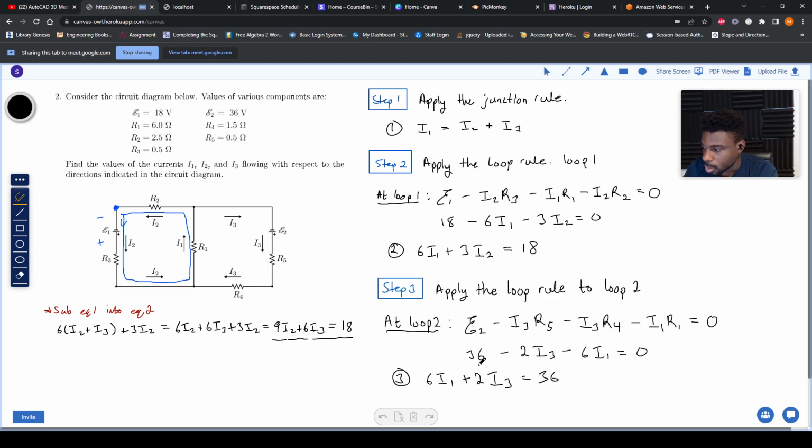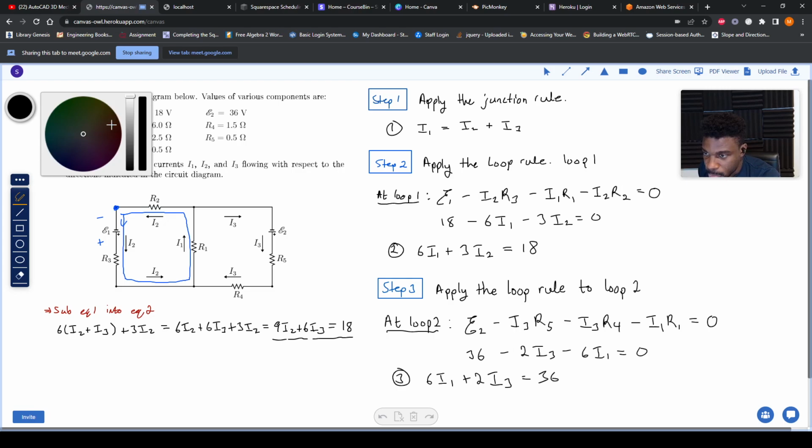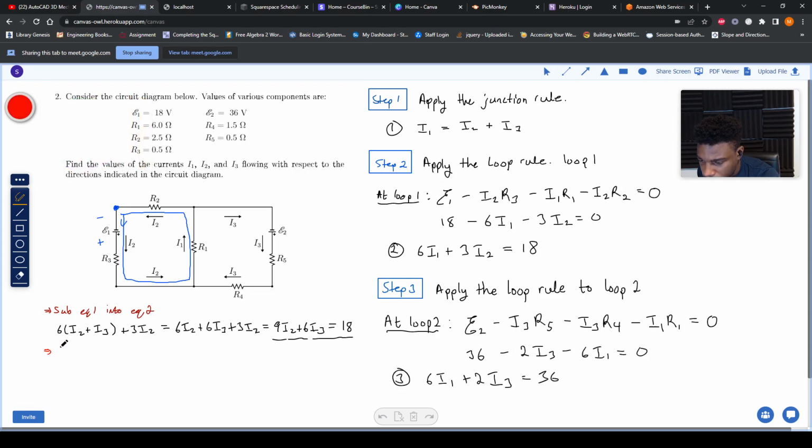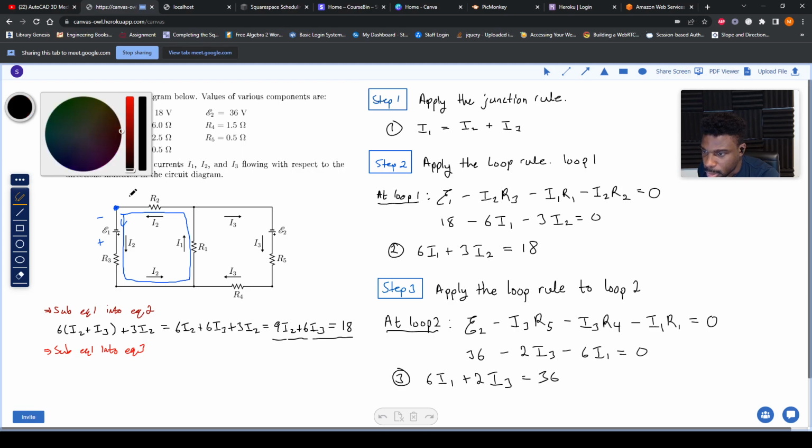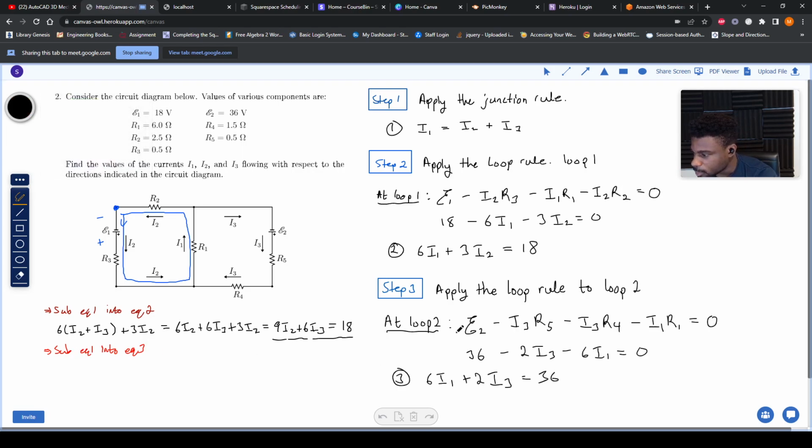So let's substitute equation 1 into equation 3. In this case, we're going to have 6I2 plus 6I3 plus 2I3. Combine like terms, this comes out to be 6I2 plus 8I3. And equation 3 says that should be 36.